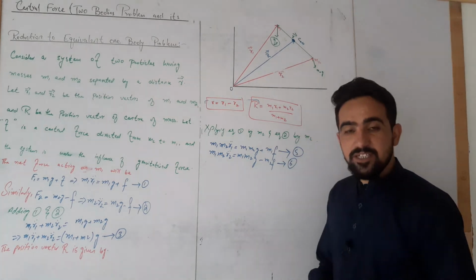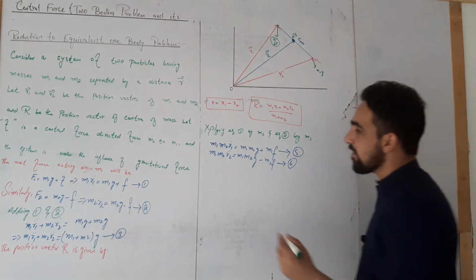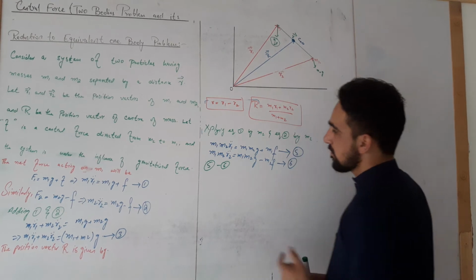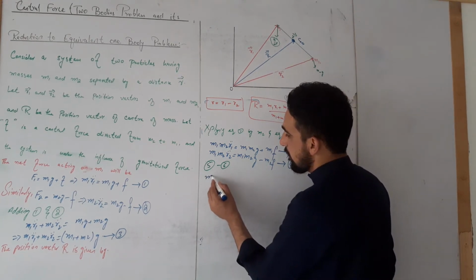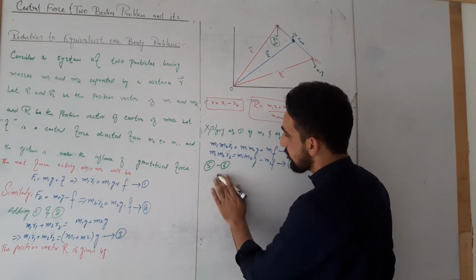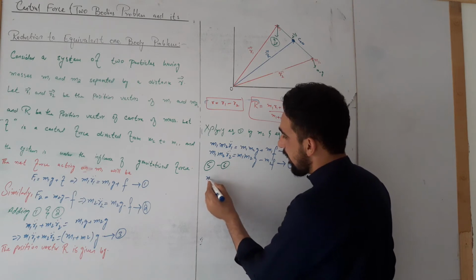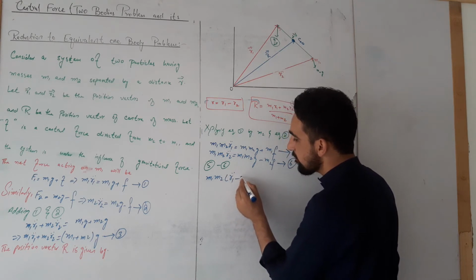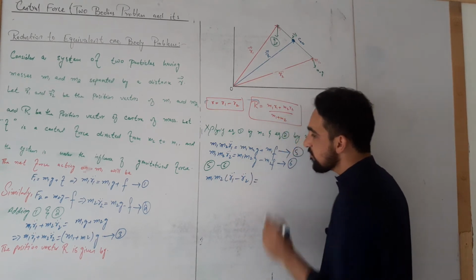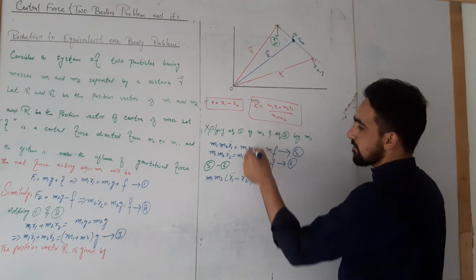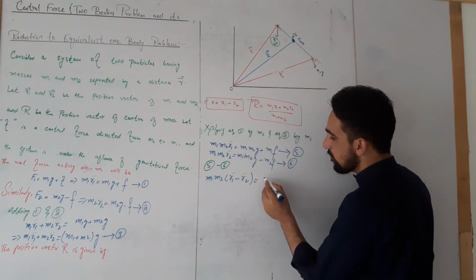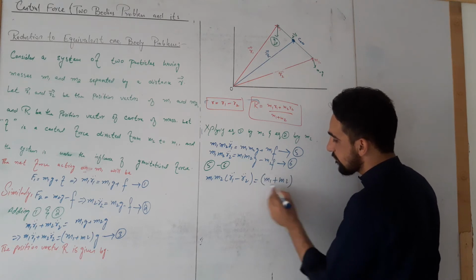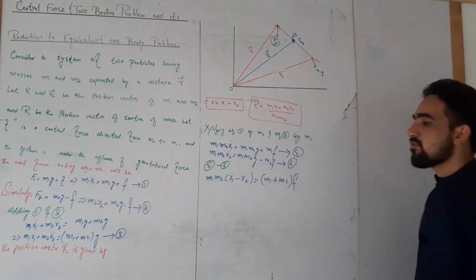So subtracting equation 6 from 5, 5 minus 6 will give m1 m2 times (r1 double dot minus r2 double dot) is equal to, subtracting these two terms will cancel out, and we will have (m1 plus m2) times the central force F.